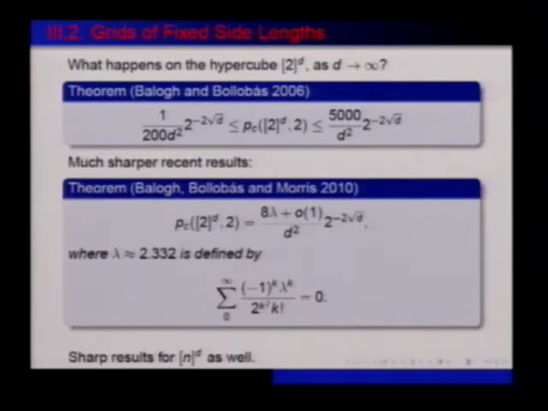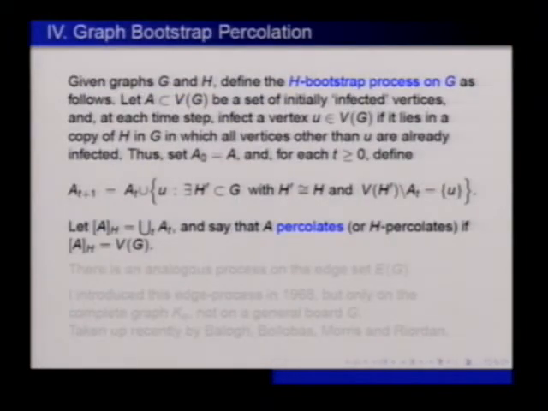And recently, not so recently, we proved much sharper results. We actually determined the actual constant, which is again not something incredibly easy, but not as nasty as in the other case.